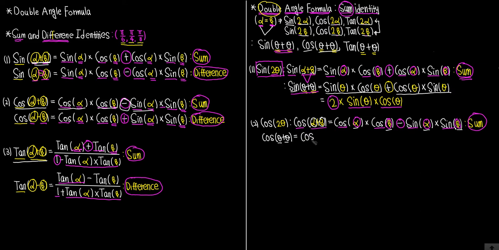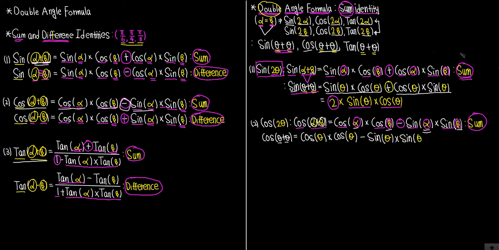So that will be cosine of theta times the cosine of theta instead of beta. And we will have the minus sign since we know that this was originally from the cosine sum identity. Minus the sine, instead of alpha, we input the theta. And lastly, multiplied by the sine of theta instead of beta.